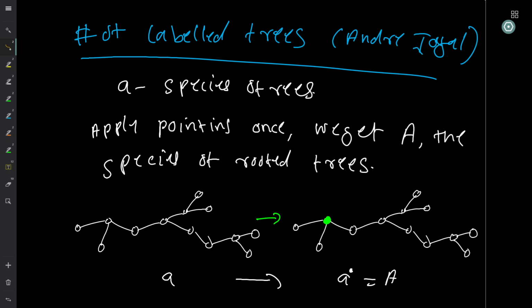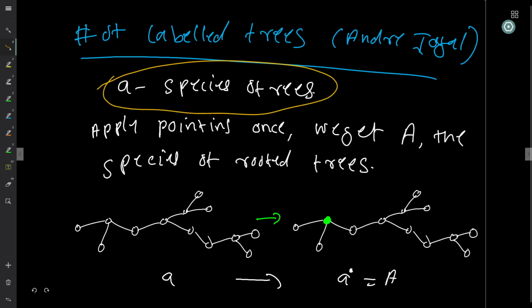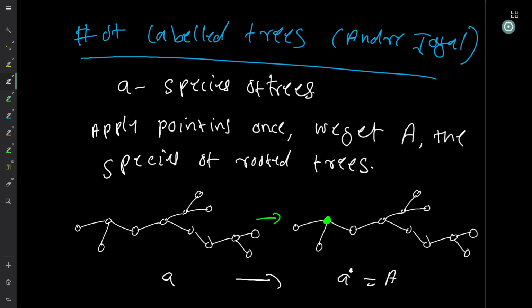Okay, so we have A as the species of trees. Then what we do is take the species of trees and apply pointing once. Once we apply pointing to the species of trees, we get the species of rooted trees.